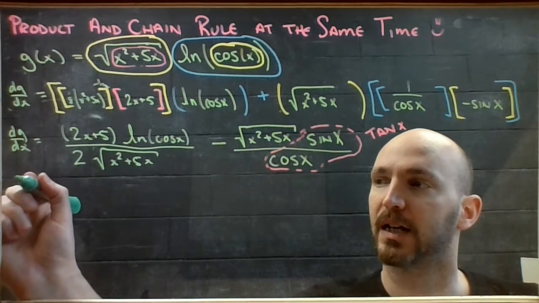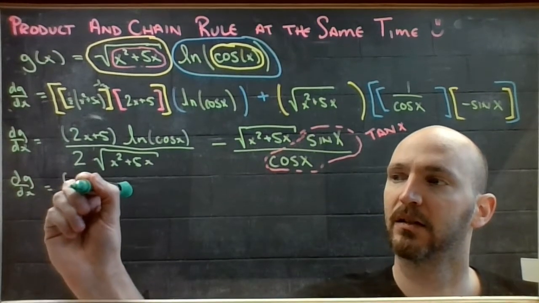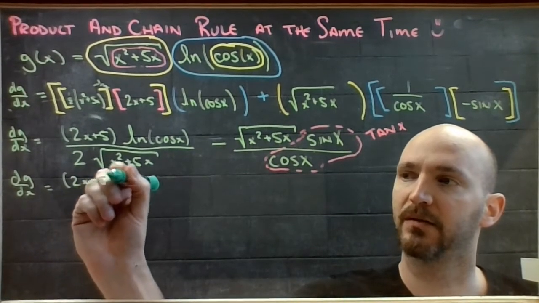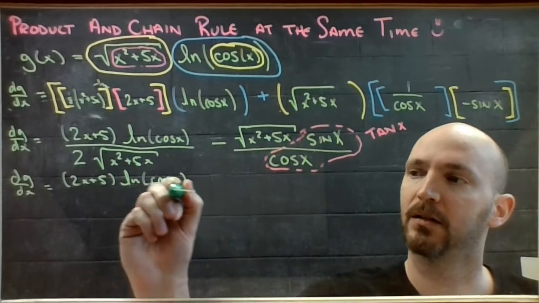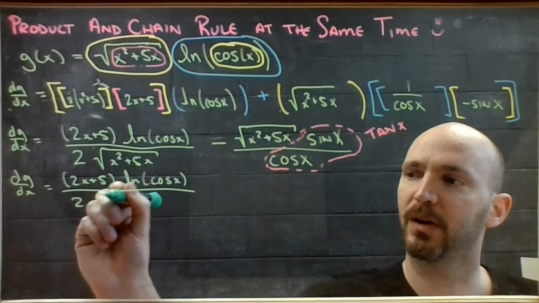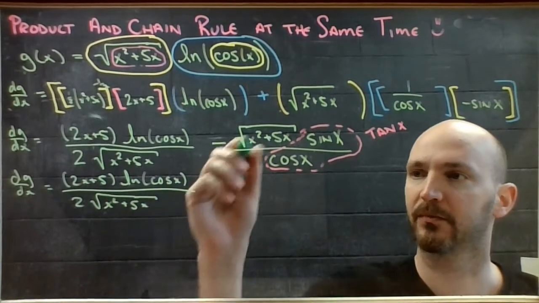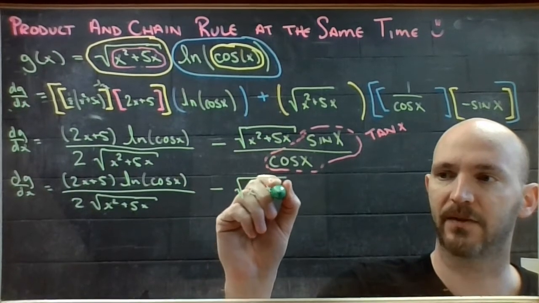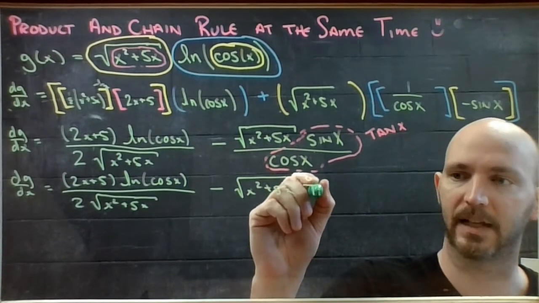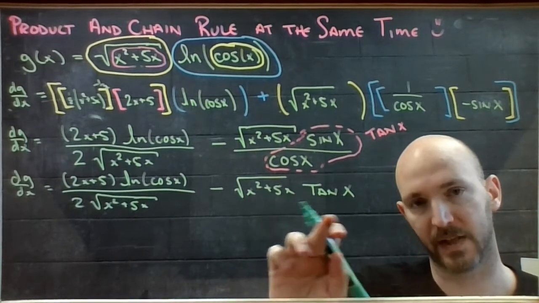So let me do that on this line. dg by dx is 2x plus 5 ln of cos x over 2 square root of x squared plus 5x, minus square root of x squared plus 5x tan x. So that has simplified this last term.